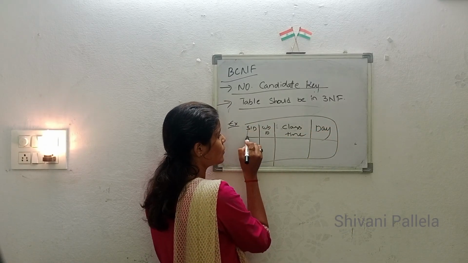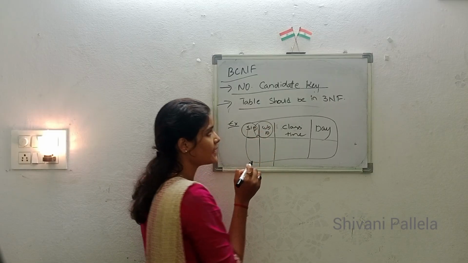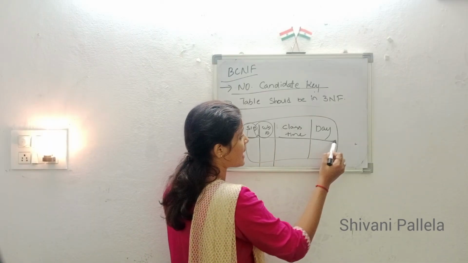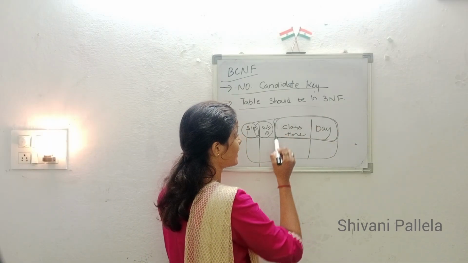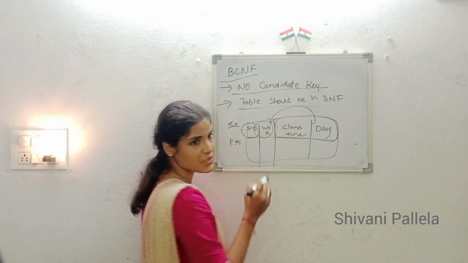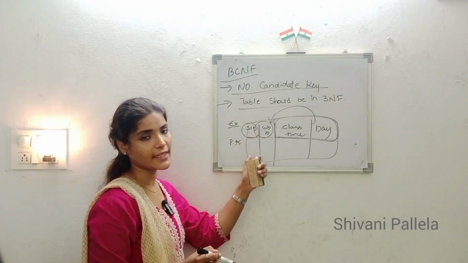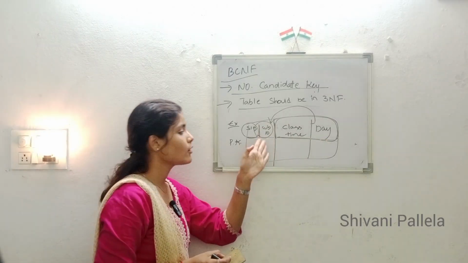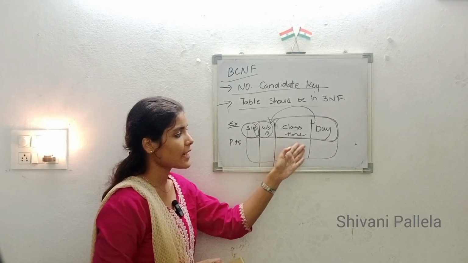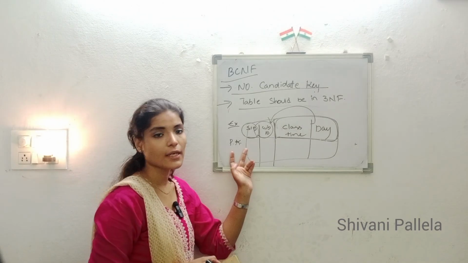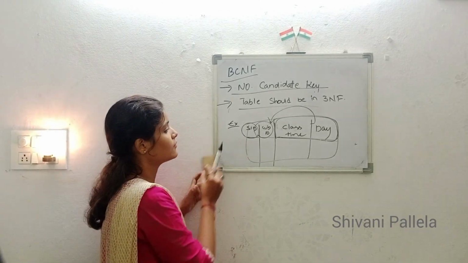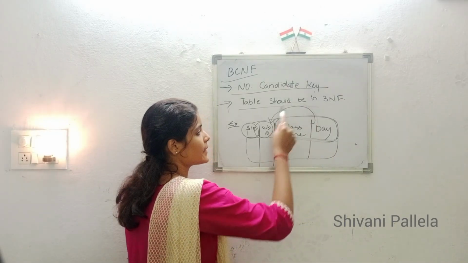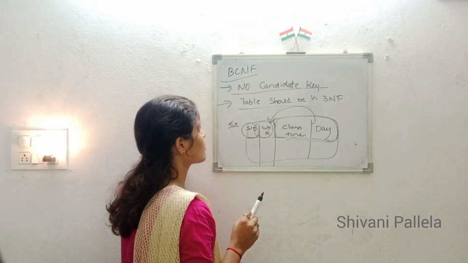Here, student ID and subject ID are the primary keys, but class time and class day are depending only on the subject ID but not on the student ID. According to their subject, they will allot that time and date, but not according to the students. So two non-key attributes depending on only one part of the key, that is called a candidate key problem.